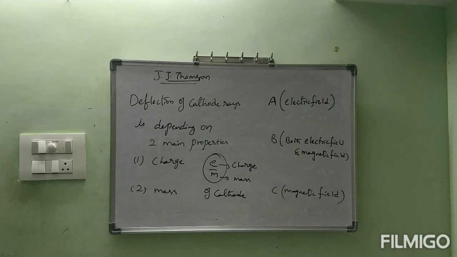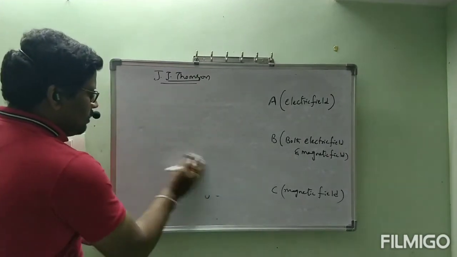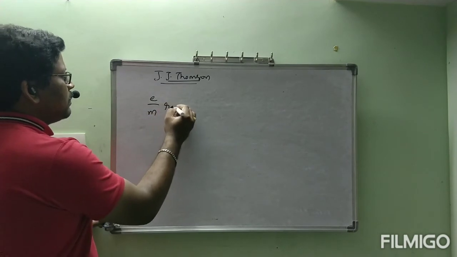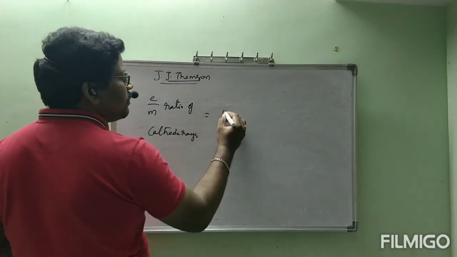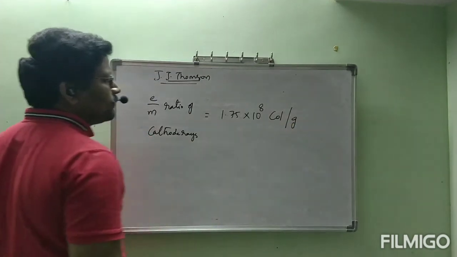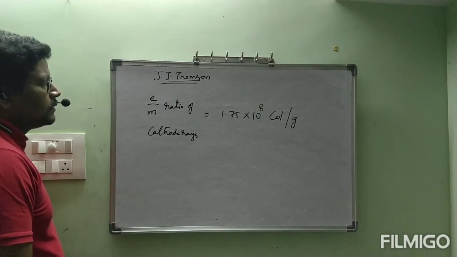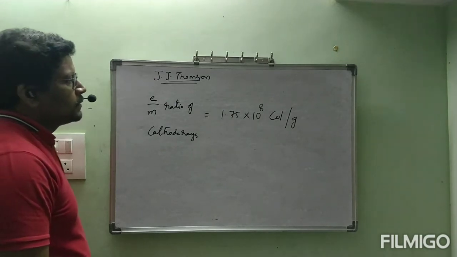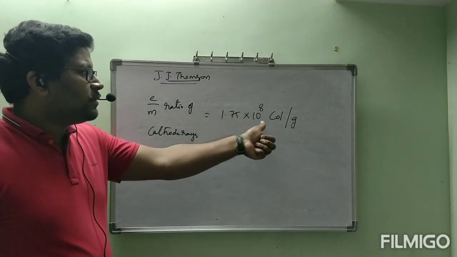That value is: E by M ratio of cathode rays is equal to 1.75 into 10 power 8 coulombs per gram.